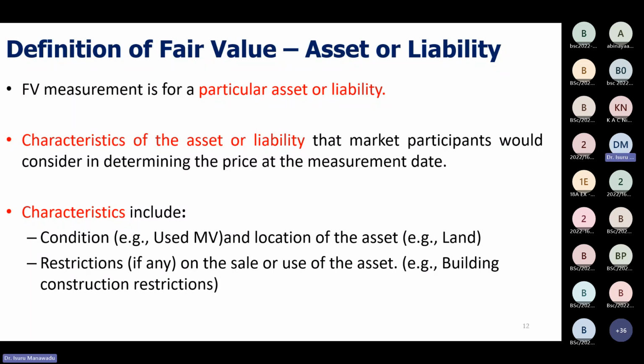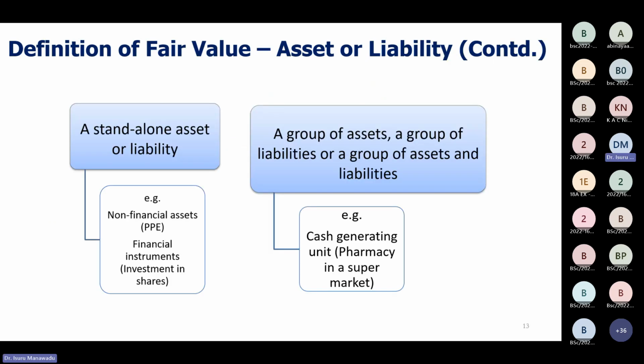Sometimes the electricity board does not allow the landlord to construct a 2 storey building, maximum 1 storey. So what would happen to the fair value of the land? The land value would be decreased due to that restriction. That's a restriction. I explained one example. So there are such situations, right?